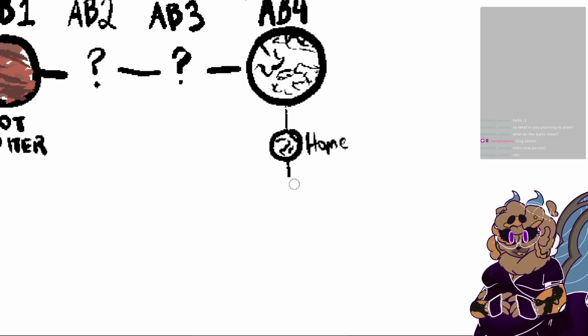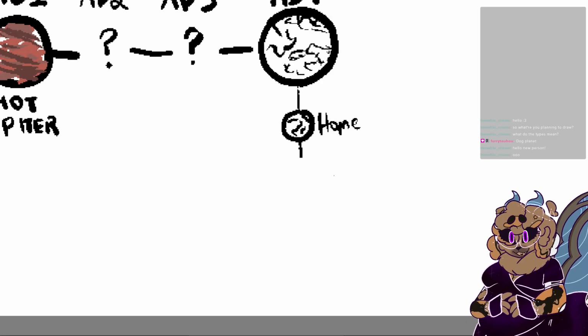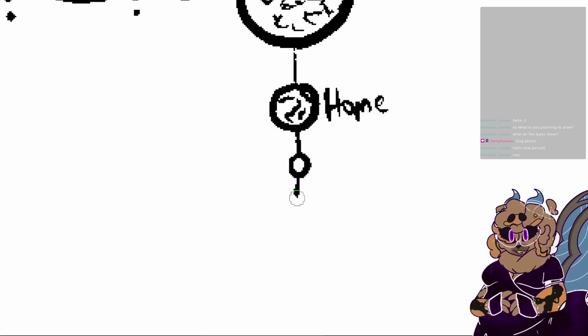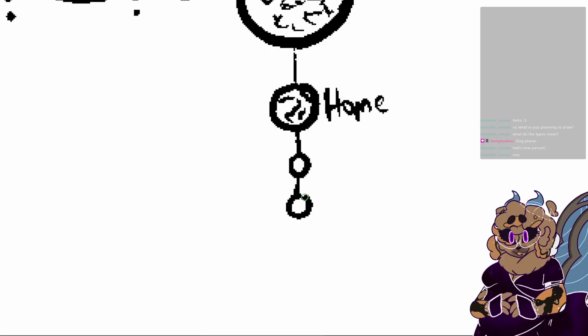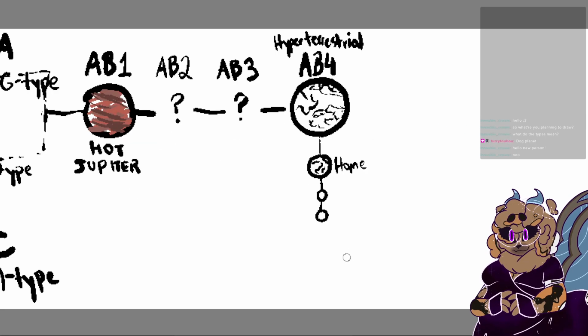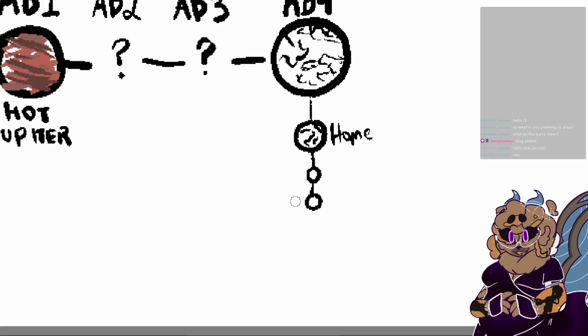But I also think I'm going to put a few other moons in between, little barren rocks, just to get at least some placeholders in there for now. I'm sure I can make something more interesting later, but for now it's just going to be a few placeholder little rocks.